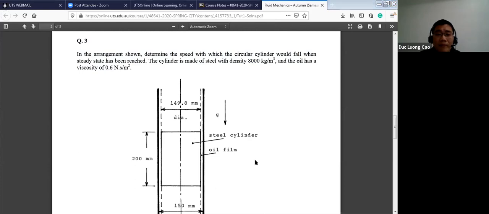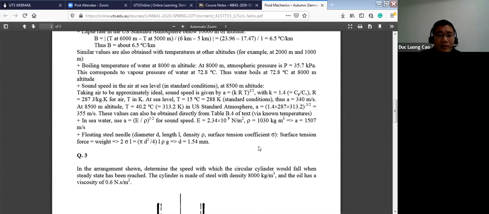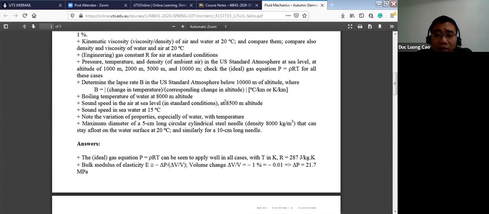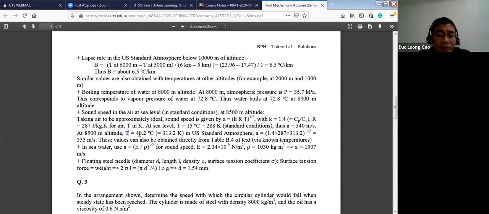You see, at 8,500 meter altitude, the temperature, as I said, is minus 40.2, not 40.2.